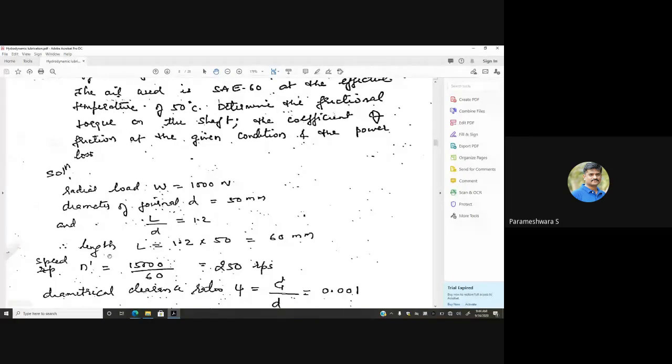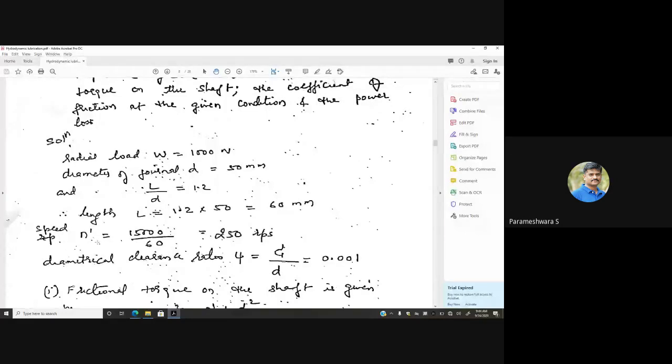L is equal to 1.2 into 50, that gives you 60 mm. Then the speed in RPS, that is N dash, you calculate, used for substituting into the formula: 250 RPS. And the diametrical clearance ratio, psi, is equal to C over D. It is also given in the problem itself, it is 0.001.